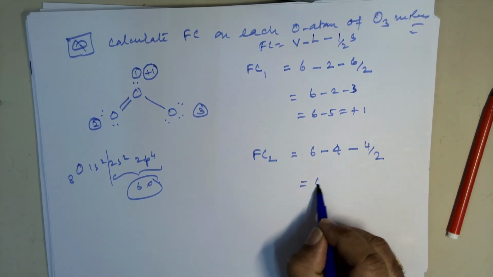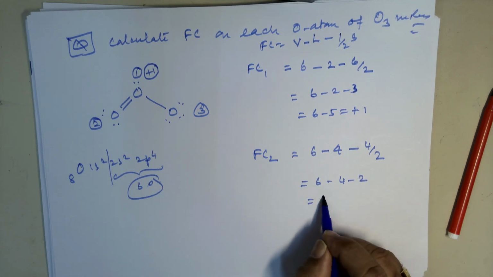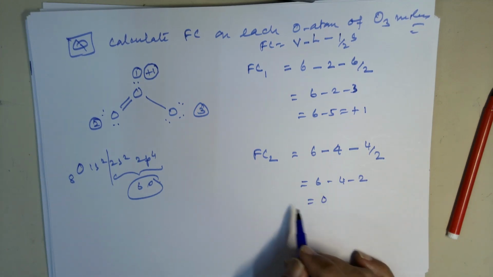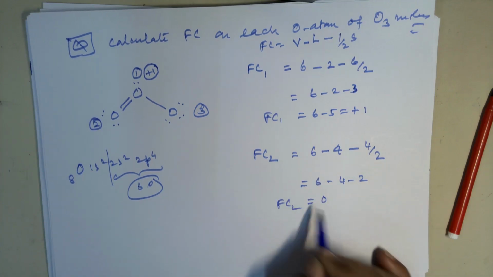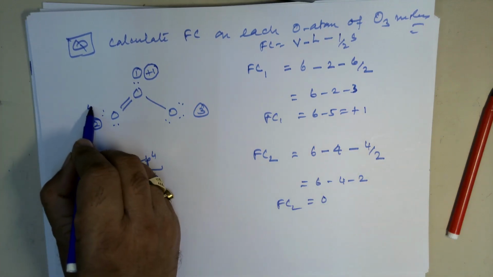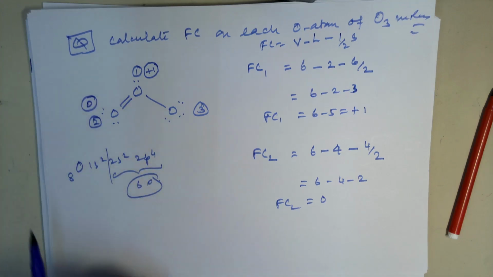So that is equal to 6 minus 4 minus 2. So it means 0. So FC2 will be 0. So here you can put 0, meaning neutral. Are you able to follow?